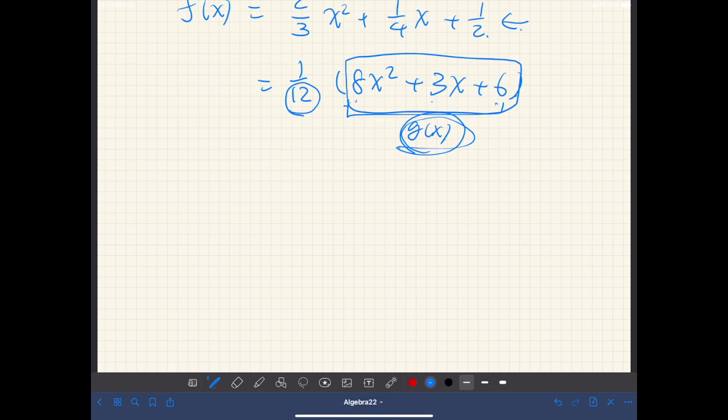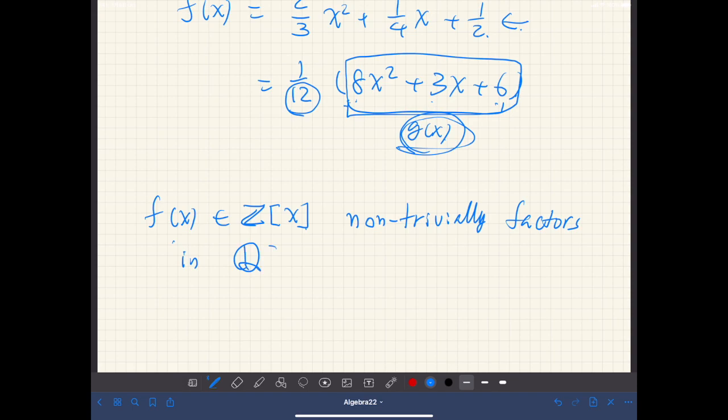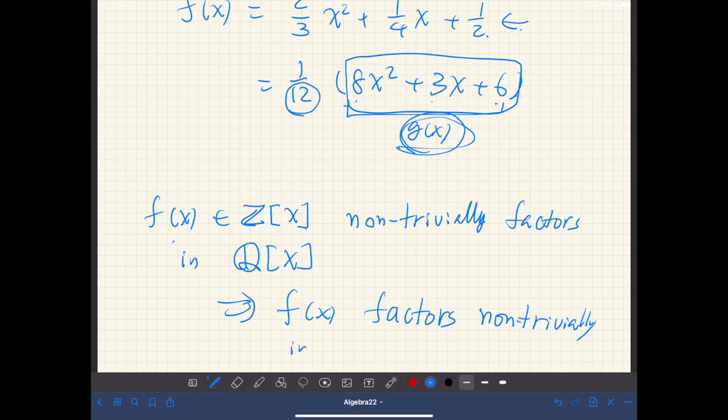Our goal here is to show that if a polynomial f of x in Z of x, so an integer coefficient polynomial, non-trivially factors in Q of x, so it can be factorized as a polynomial over rational coefficients, then f of x factors non-trivially in Z of x.